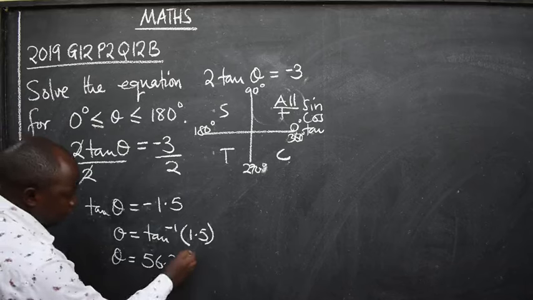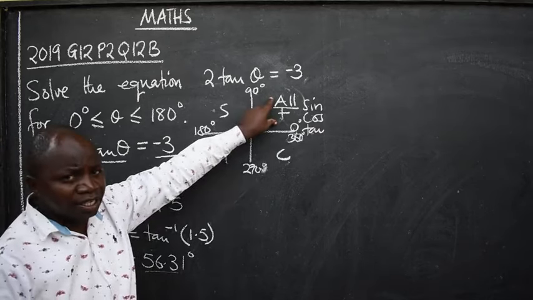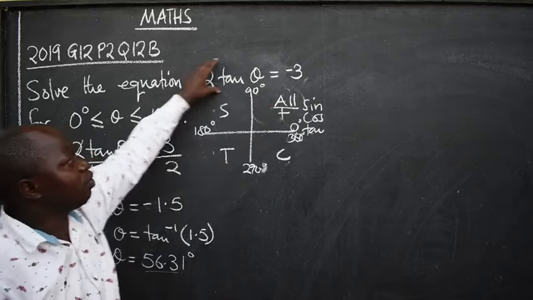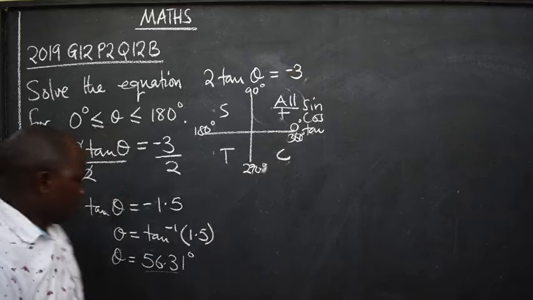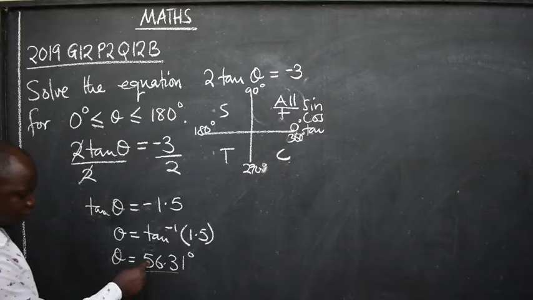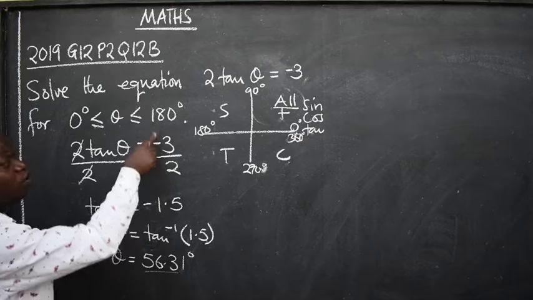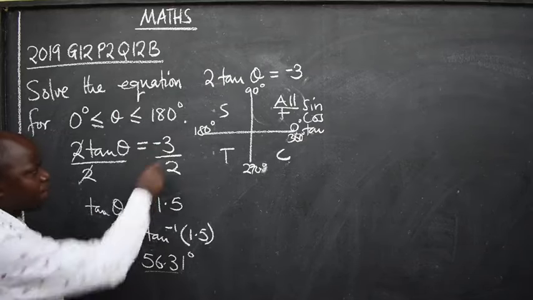Degrees. So now this is the angle in the first quadrant, but not the value of what we are looking for here. Why? When you use the calculator to say tan 56.31, you are not going to find -3/2. You are going to find a positive value.